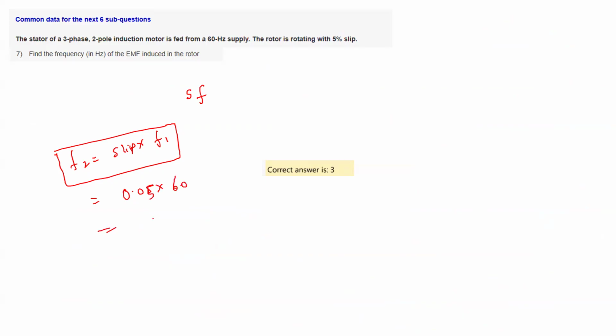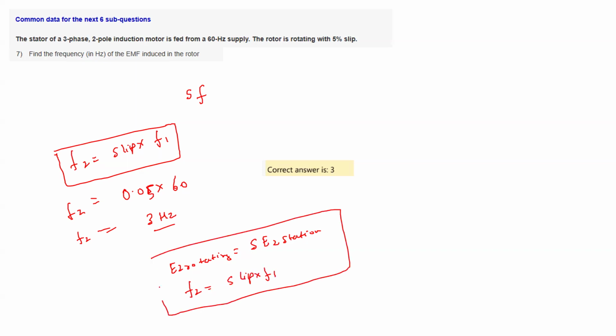So 5% of 60 is 3 hertz. So you will see that E2 rotating is S times E2 stationary, and F2 is slip times of F1, the supply frequency.